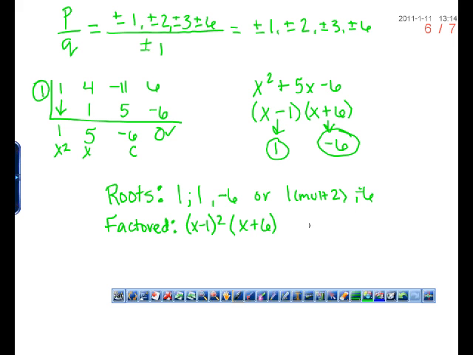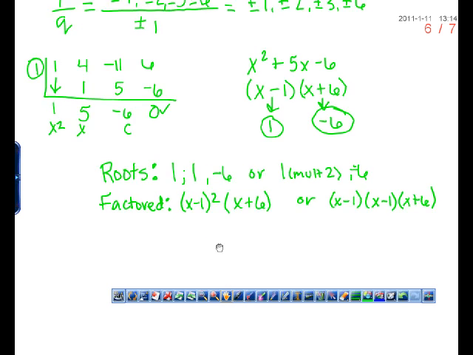Yeah. You could also write x minus 1 times x minus 1 times x plus 6. That's definitely acceptable. That is still factored form. All right, so let's graph this.